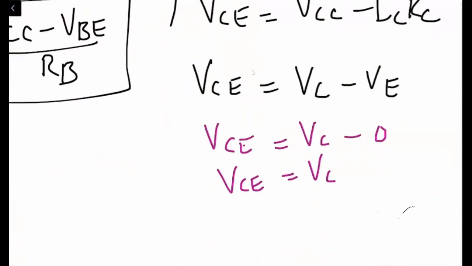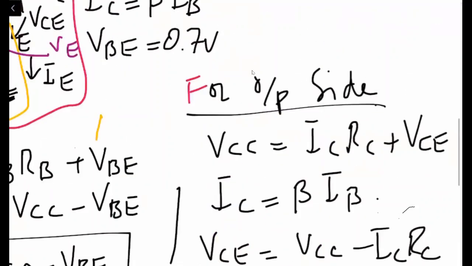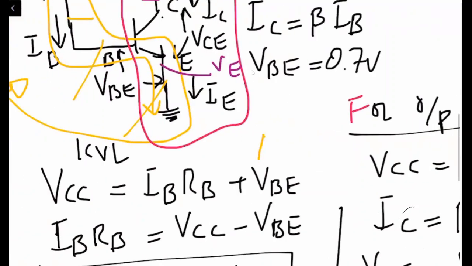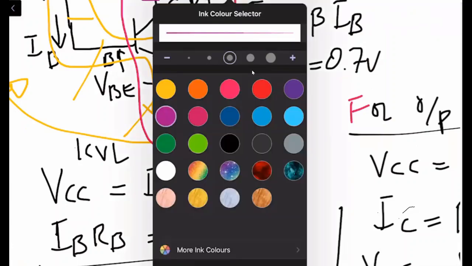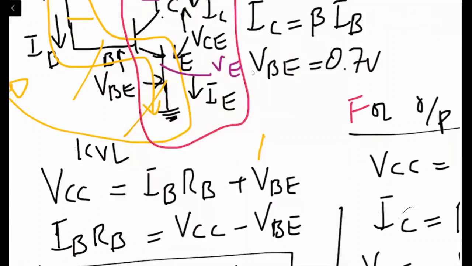And similarly, we have a drop between the base and the emitter junction, right? This is the difference between the potential at the base and the potential at the emitter.